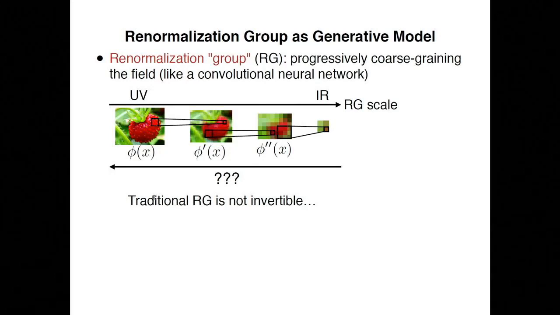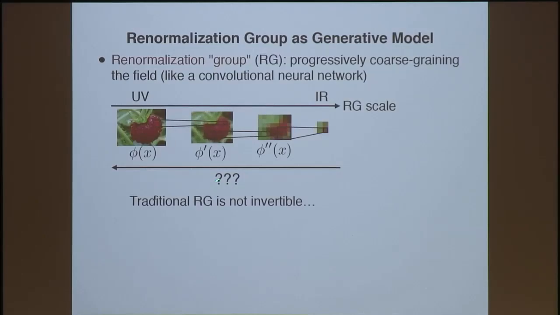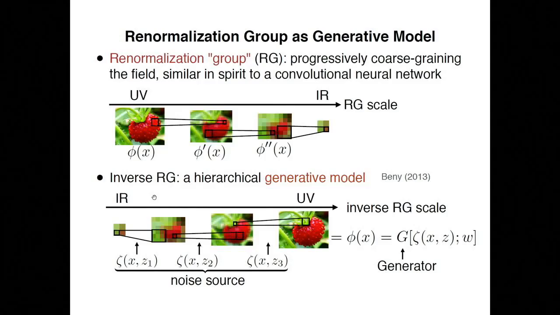There's a powerful tool that physicists have invented to deal with quantum field theory: the renormalization group. The idea is that you try to coarse-grain your images step by step. During this coarse-graining, you are throwing away irrelevant degrees of freedom and keeping the most relevant ones. This is like doing a convolutional neural network.